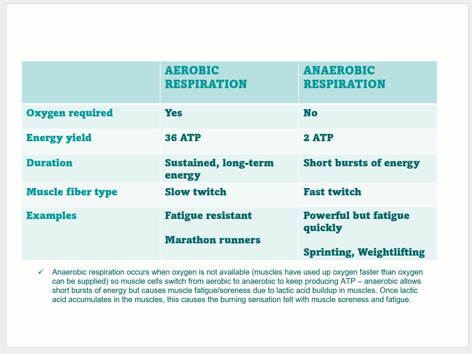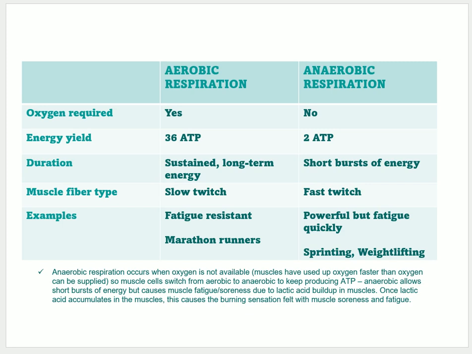Aerobic respiration is when energy is being produced with available oxygen. So we have more energy yield here in terms of long-term and sustained energy. These are our slow twitch muscle fibers. They're pretty resistant to fatigue, and they're characterized with jogging, marathon runners, again, sustained long-term energy.